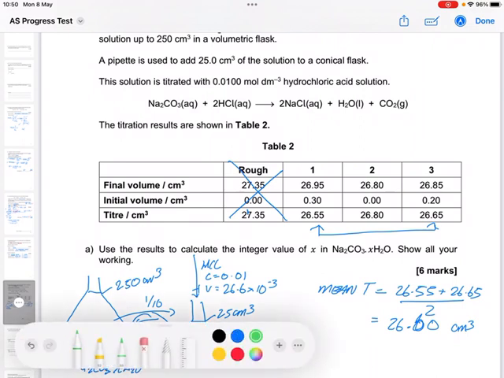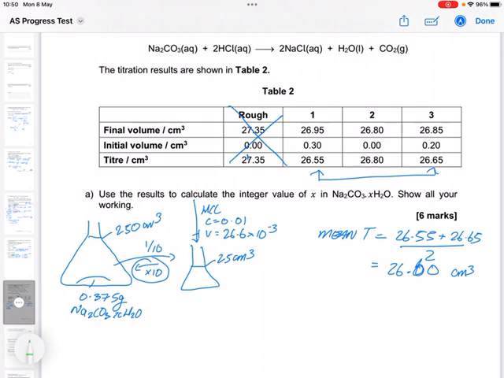Okay, so the route that I need to do here now to get the waters of crystallization, I need the MR here, which is going to be the mass which I've got in the question divided by the number of moles. So I've got to get the number of moles of sodium carbonate. So I can get the number of moles here. It's a 1-to-1 ratio. It is not a 1-to-1 ratio. It is a 2-to-1 ratio.